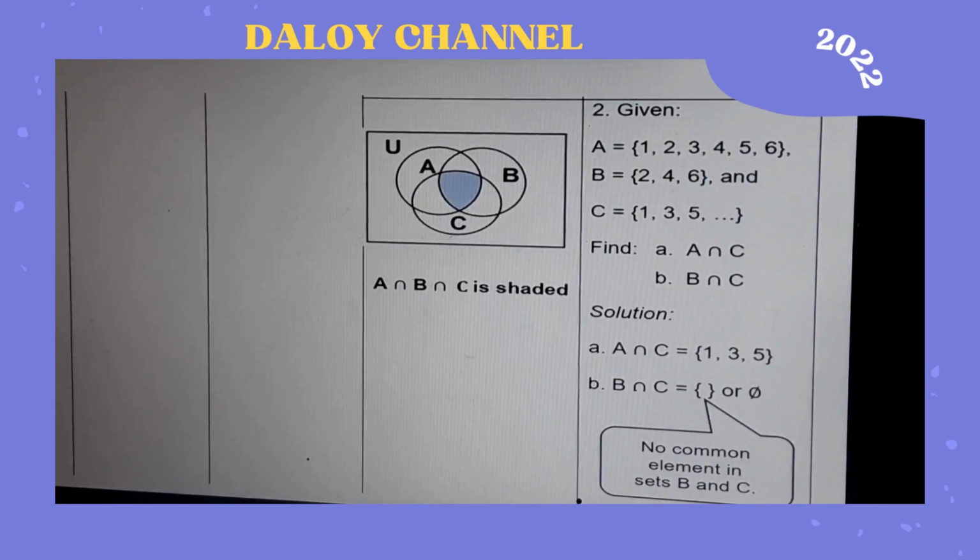We should see to it that if we are comparing these three, particularly on identifying the intersection, notice that in the Venn diagram, the intersecting area of the three sets should be shaded accordingly.